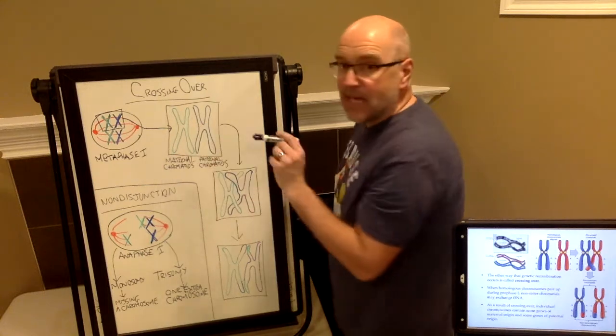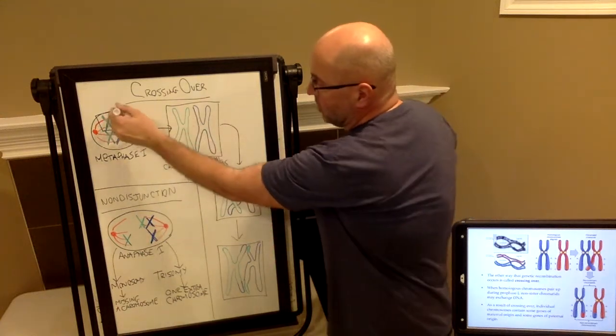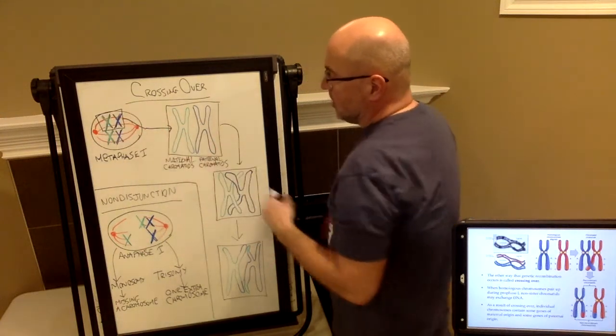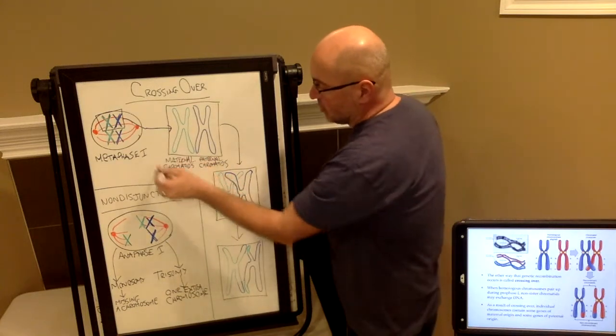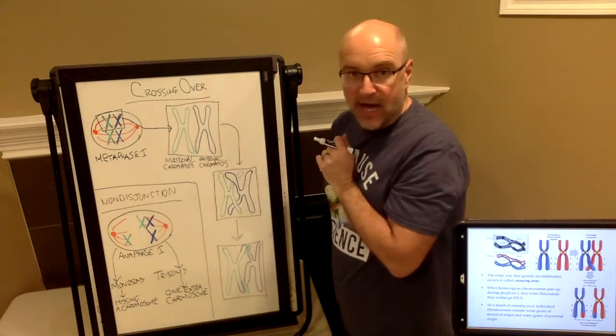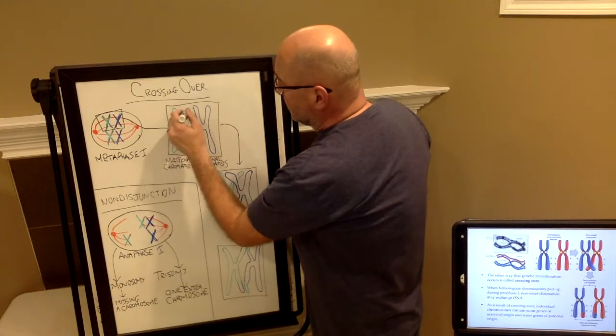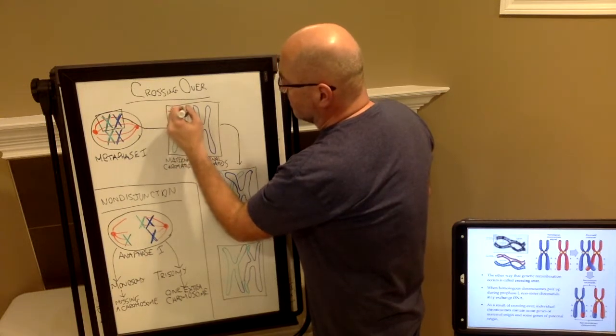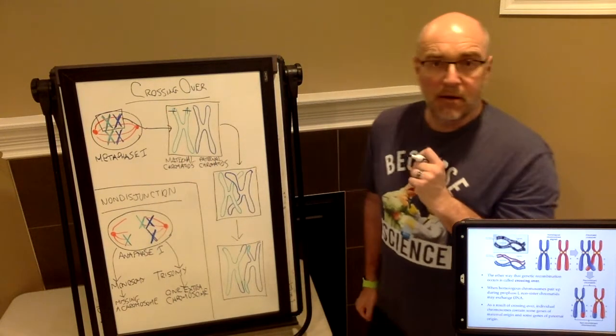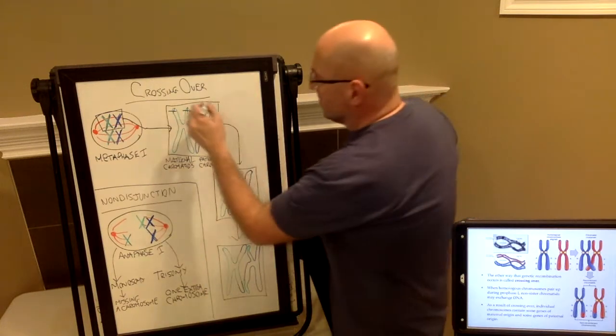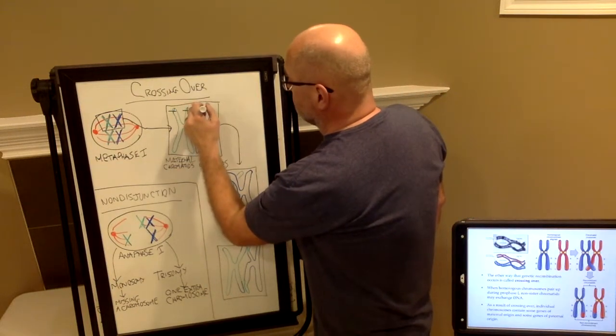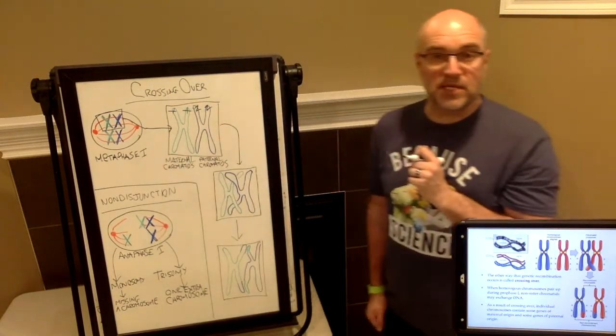But if I look at that up close, this is what it's going to look like. Here's one of my pairs. So I've got my maternal chromatids over here. My paternal chromatids are on this side in blue. These X's represent sister chromatids. These little Z's over here that are blue also represent sister chromatids.